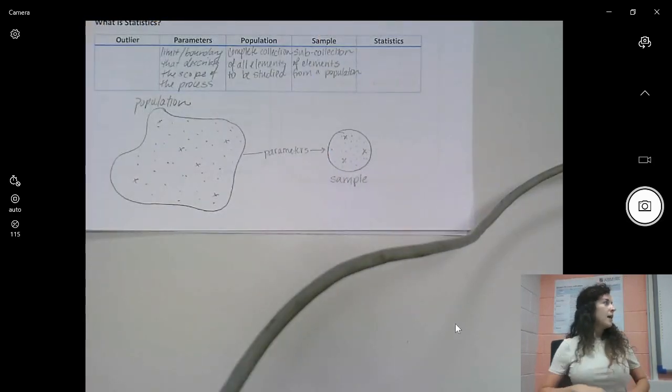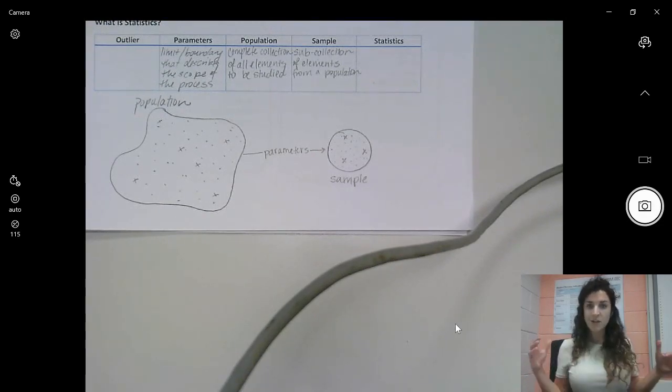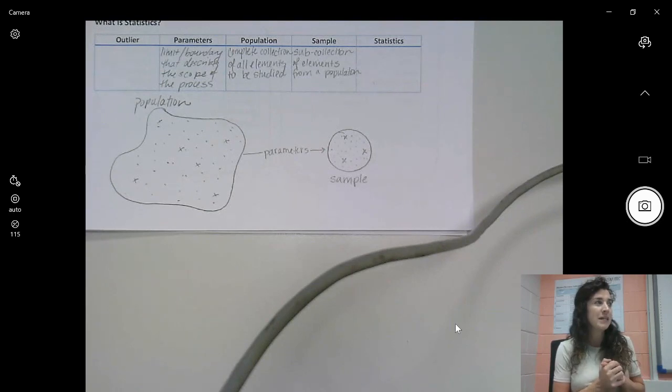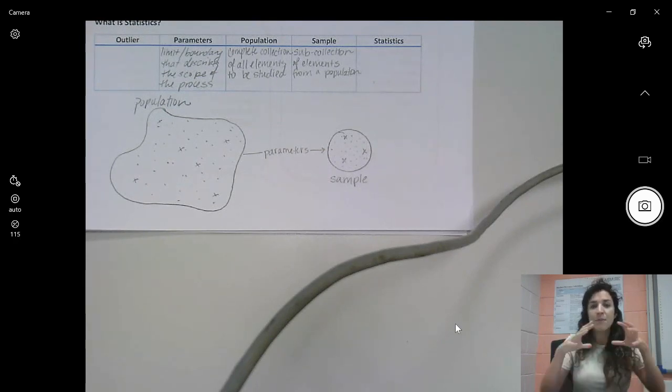So if I wanted to challenge somebody to a dance competition, the parameters of this process is going to be that we are competing in a dance competition. Or if I wanted to study the effect of a late lunch versus an earlier lunch on retention of material, that would be the parameters of what we're doing.